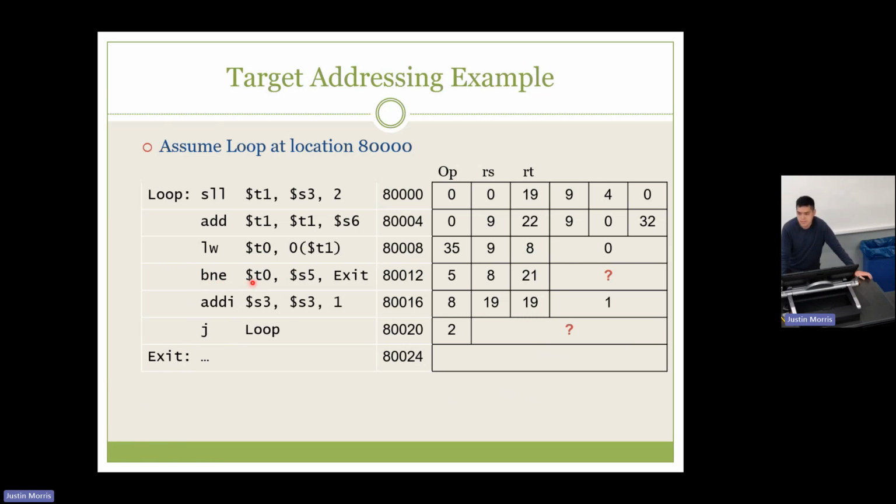We have PC, right? And what happens to PC? It's incremented by 4 first, right? And now let's assume that the two registers are not equal. And we need to change PC from this to this. What is our immediate that we need?